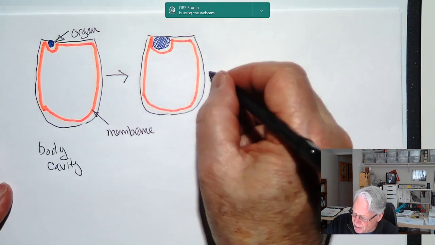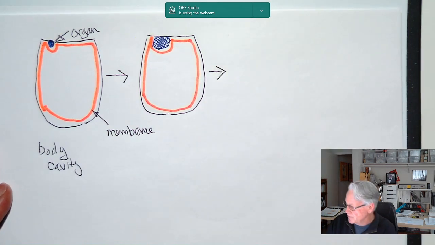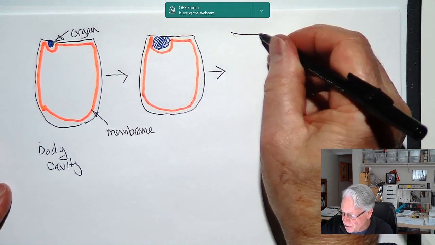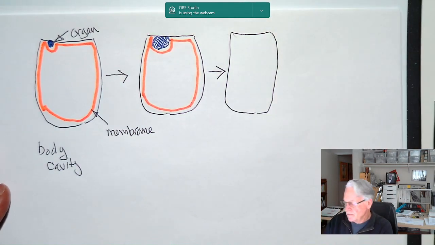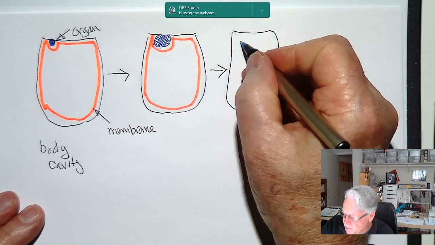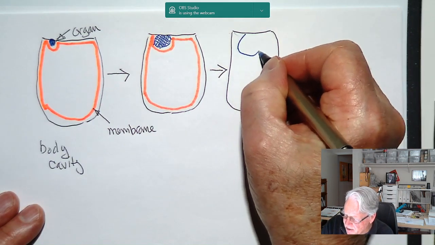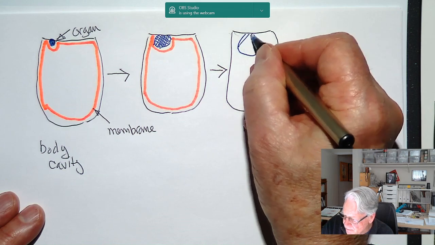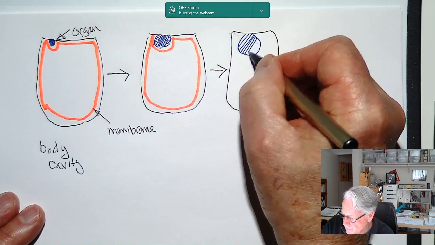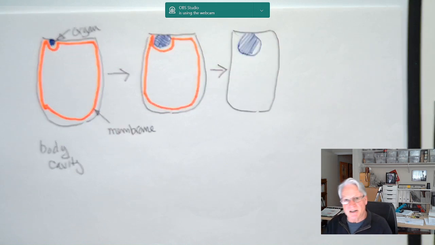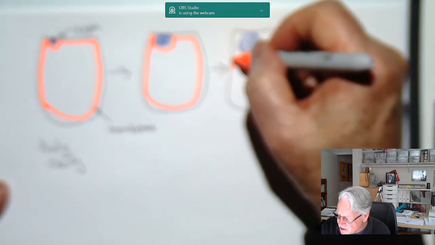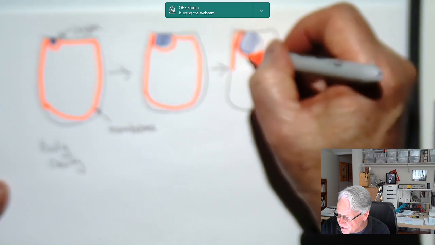And as time continues some more, this will develop even further. And it's really beginning to take shape now. It's still connected to the wall. But it's pushing out. Look, see, it's pushing out into that empty space, which is the cavity.